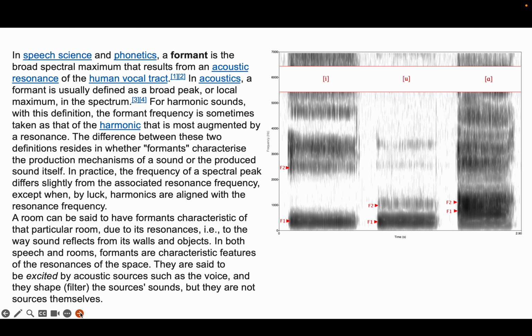the sound itself. In practice, the frequency of a spectral peak differs slightly from the associated resonance peak unless you just happen to be lucky and the harmonics line up with the resonant frequency. So a room can be said to have formants characteristic of that particular room due to its resonance.